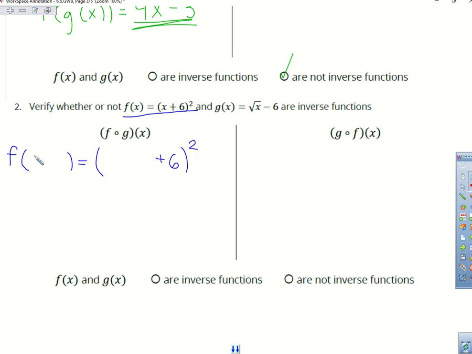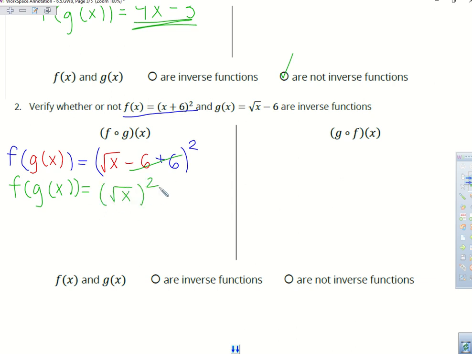And inside that function is going to go the g of x function. So the g of x function is the square root of x minus 6. Now we can just simplify it as if it's one function. So what's going to happen with the negative 6 plus 6? Good. And we're left with the square root of x squared. What do we know about squares and square roots?